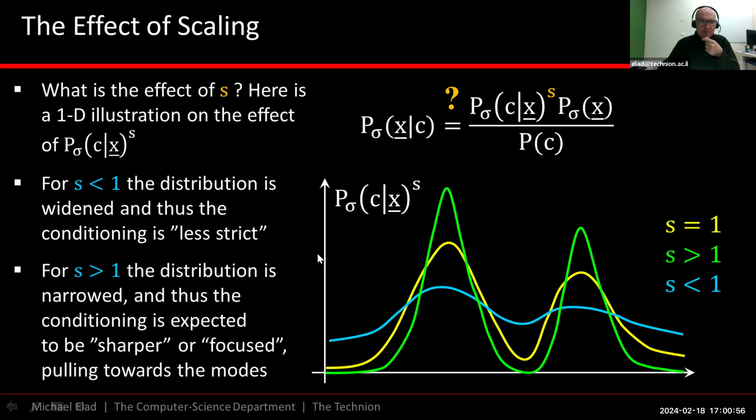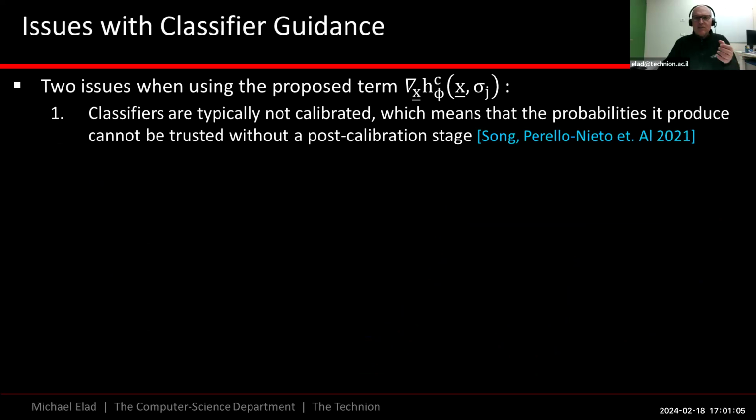Now, people starting to work with classifier guidance noticed that it doesn't really work so well, and it creates all sorts of artifacts. And then trying to understand what's going on, they noticed the following two things. First, when you train a classifier, and this is something you should know, you cannot trust it to give you balanced and calibrated values of probabilities. Classifiers in general tend to be over-optimistic with their outputs.